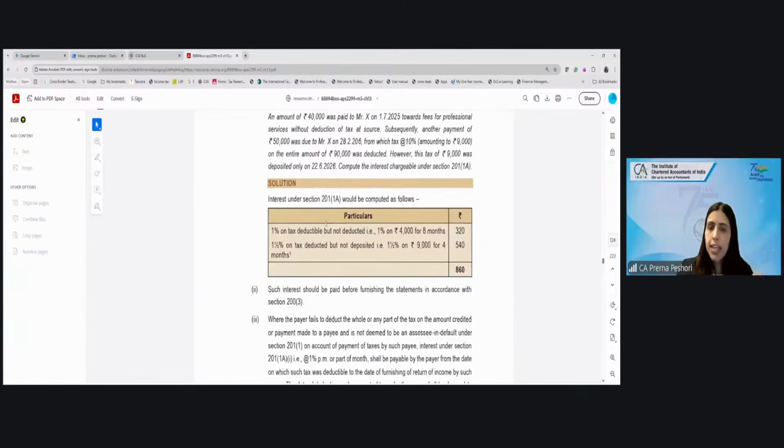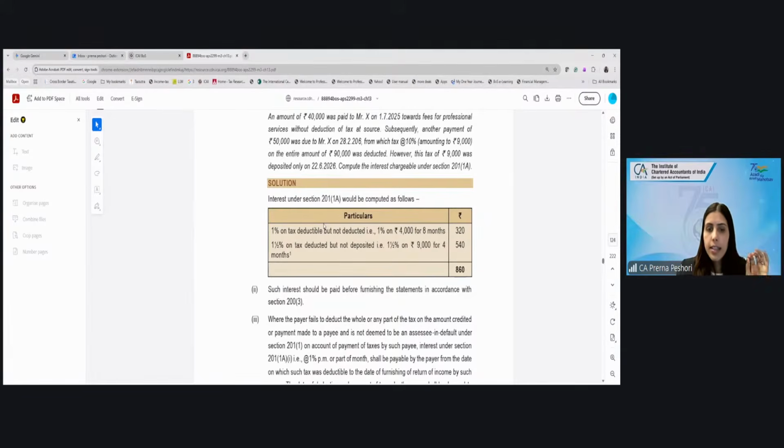In that particular case, he will not be considered an assessee in default, but he will still be required to pay the interest at the rate of 1% from the date on which the tax was deductible till the date of furnishing of the return of income by the payee. It is not that he will not be liable for interest. He will still be liable for interest.